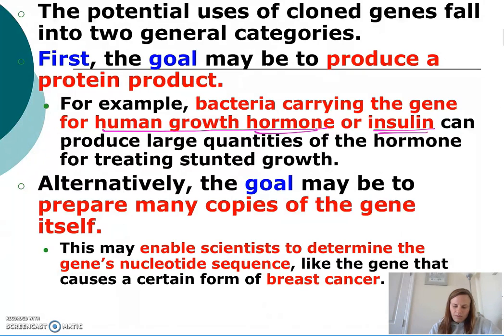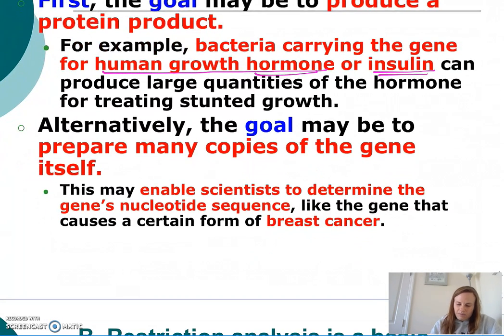Alternatively, maybe I want to look at the copies of the gene itself. Now, this is where I was talking about the gene that could be inserted into a plant for pest resistance. But more importantly, it enables scientists to determine that gene's nucleotide sequence. So taking it back to our example that we started with, I could find the nucleotide sequence for sickle cell anemia.